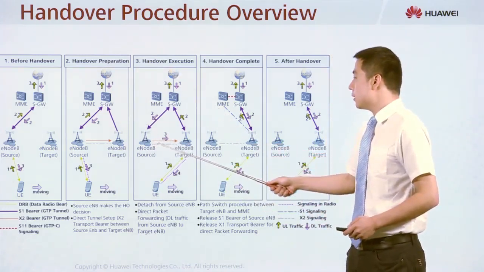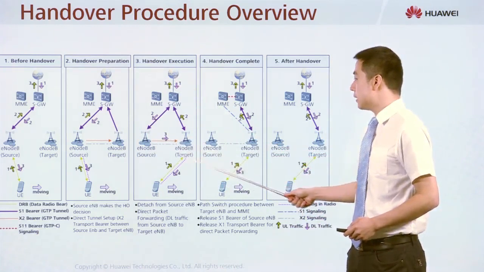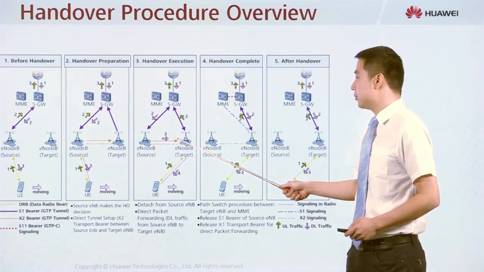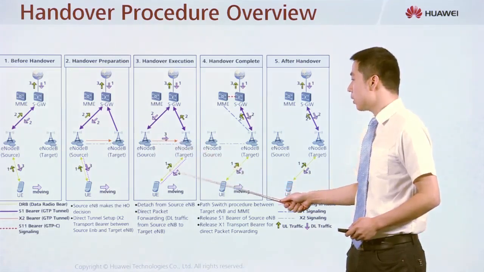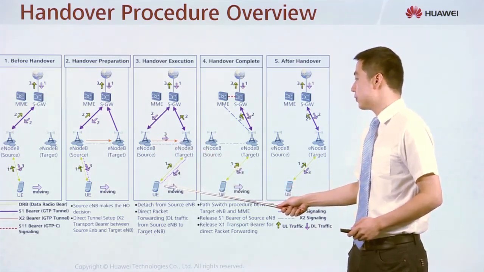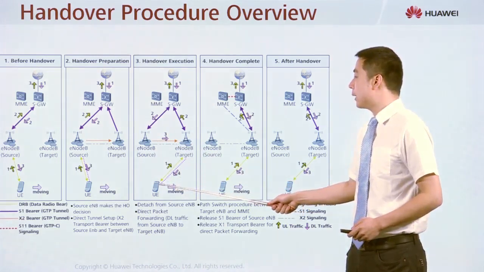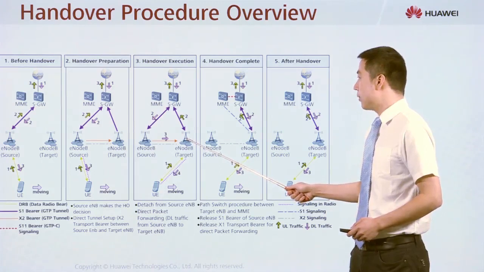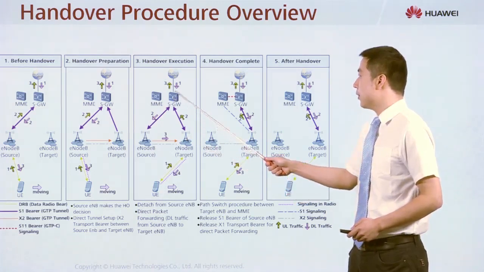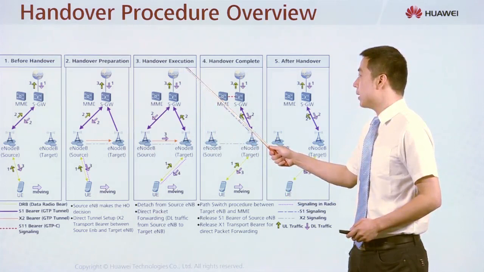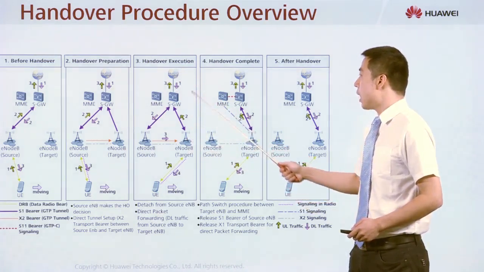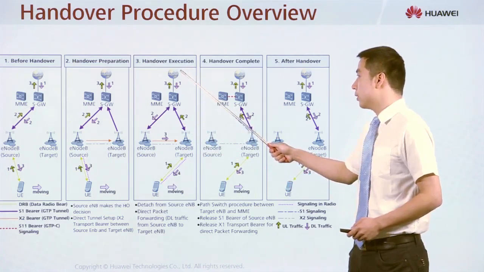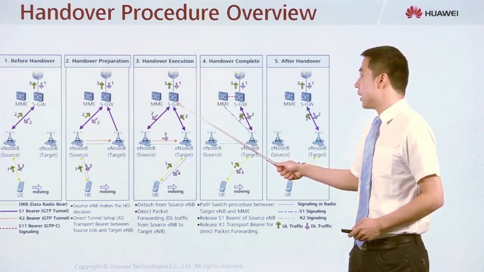If the target eNode B has enough resource, then we will start to execute the handover. During the handover execution, the uplink traffic goes from the UE to the target eNode B, then to the SGW, then to the internet. But in the downlink, because our path hasn't changed, the downlink traffic goes from the internet to the SGW.